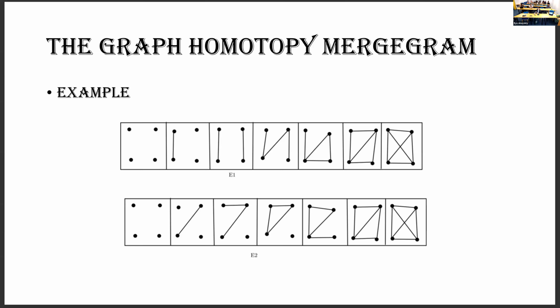So if this was x to the 1, and this is also x to the 1, and this is x to the 2, adding an edge between two vertices that weren't previously connected can create at most one loop. So if this was x to the 2, at most one loop can be created, so this would be represented by x to the 3.